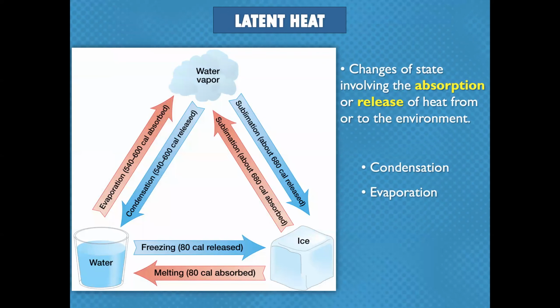Latent heat is the one that you're probably least familiar with. And this is the heat that you either gain or give off when you change state. And by changing state, I mean melting, freezing, condensation, evaporation are the ones that we're going to focus on in this class.